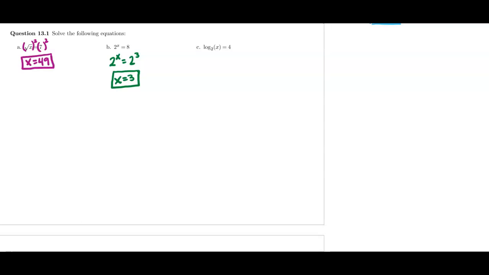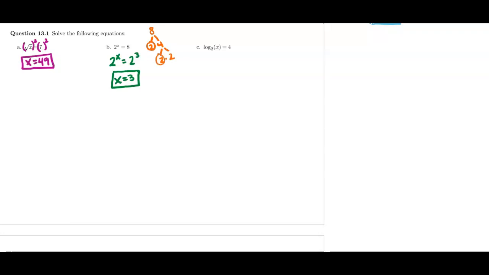Sorry, question. How did you get the 3 for part B? For part B? So do you see how we got the 2 to the third power? Maybe another way that you could look at it is if you take that number, that 8, and you did the prime factorization of that number, well, we know 2 times 4 is 8, and then 4 breaks down to 2 times 2.